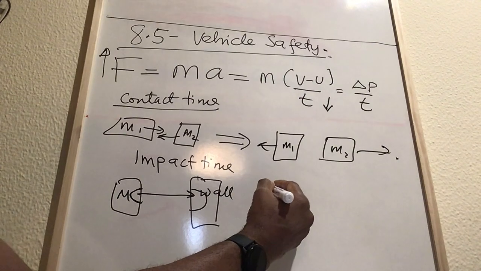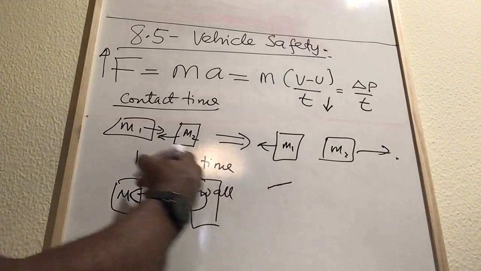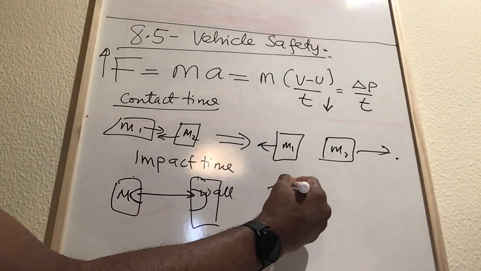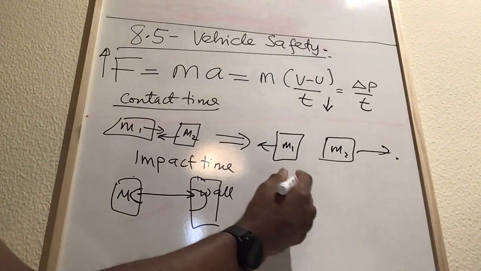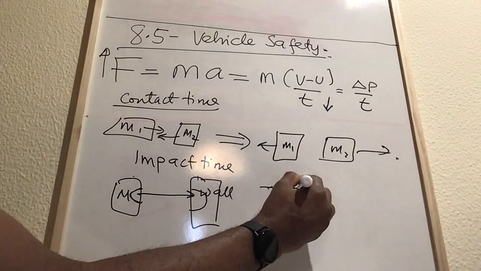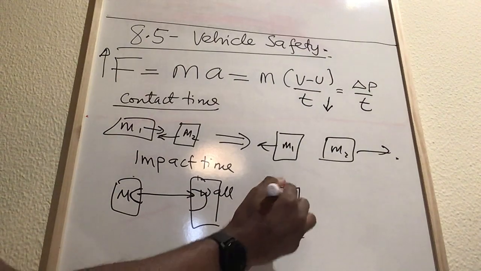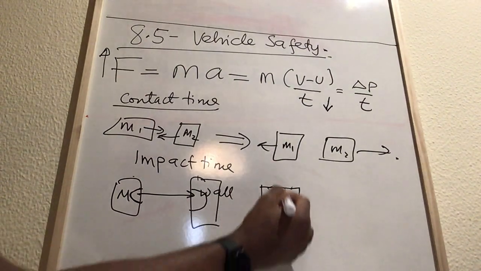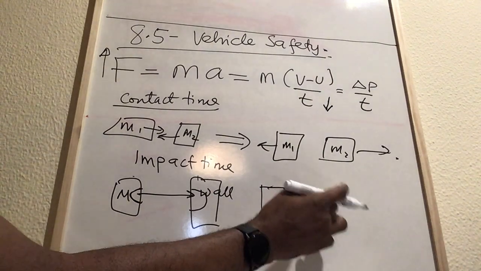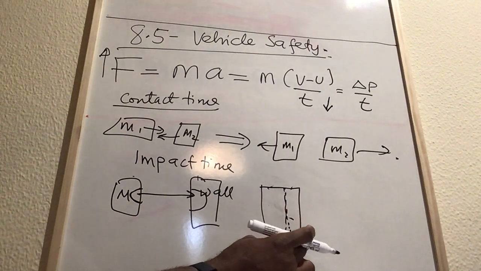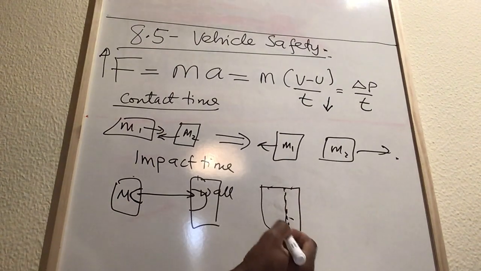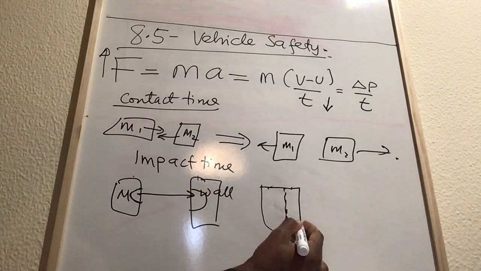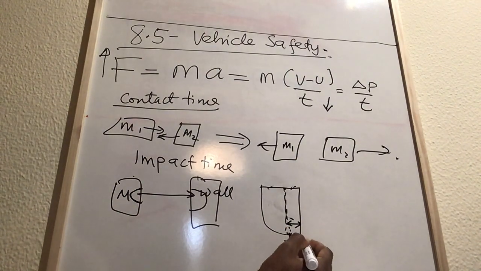So the car that was originally this shape will now look like that, so it has moved this distance. Which means the wall is having an impact on this particular car or object, and the distance that impact makes is that particular distance s.